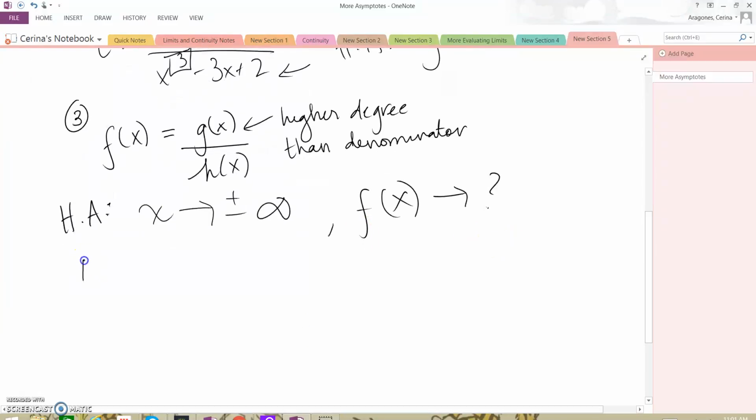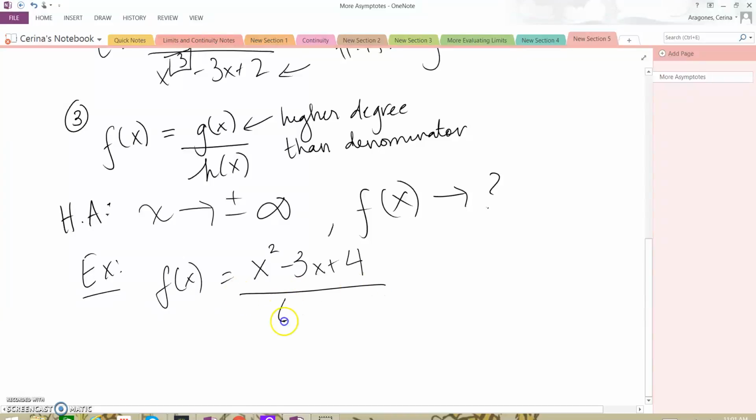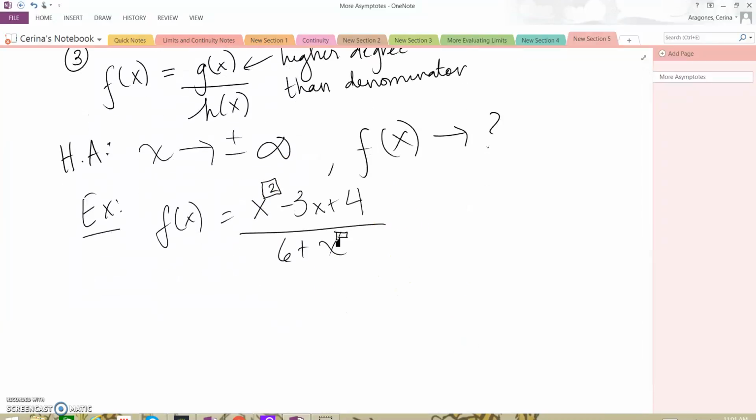So if we do an example where we have a numerator x squared minus 3x plus 4, my numerator has a higher degree than my denominator, 6 plus x. My degree on the top is 2, my degree on the bottom is 1. So the numerator has higher degree. Remember, horizontal asymptotes happen when x approaches plus or minus infinity.